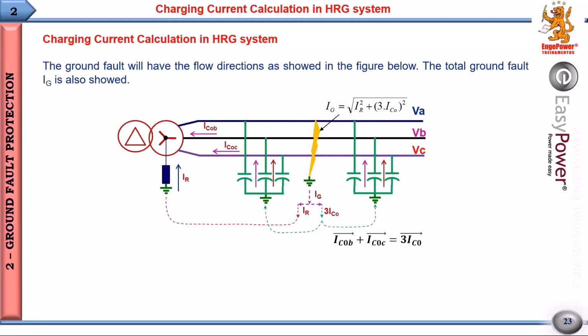And when a single line to ground fault happens here, we are shorting this capacitance. But when this goes to ground, these other two phases will rise by square root of 3. And when we add these two currents vectorially, we are going to have the 3 IC0.